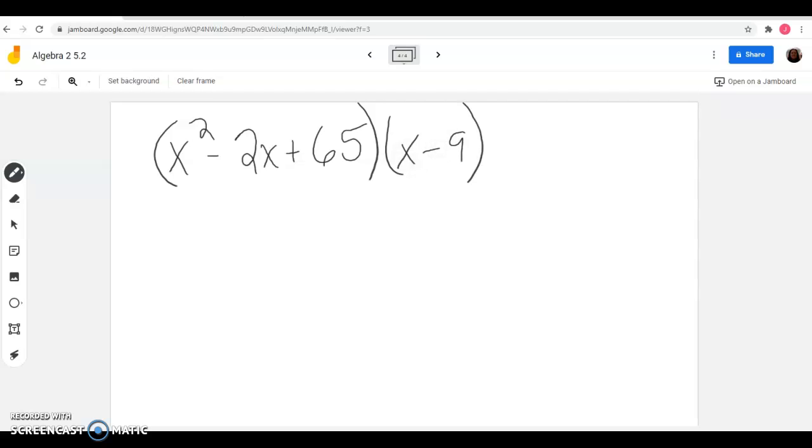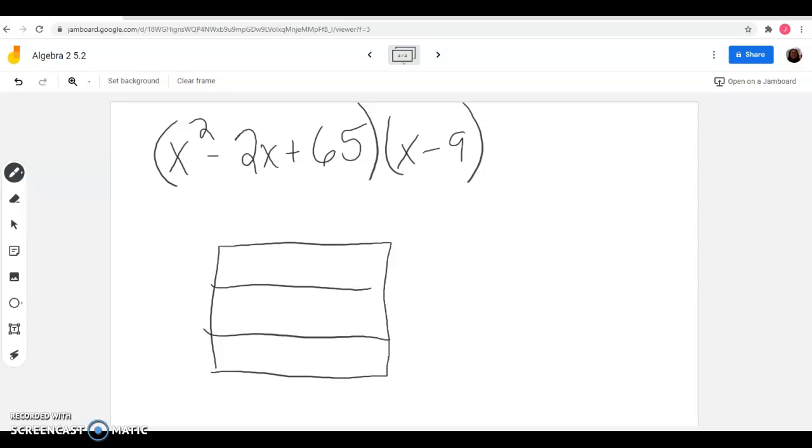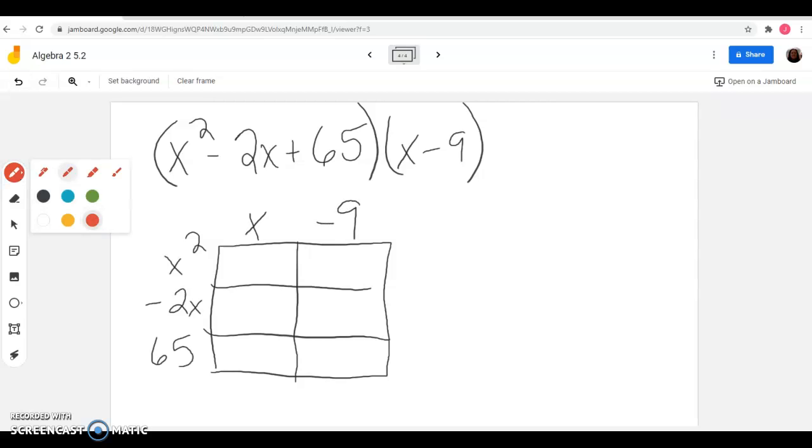And again, you can set it up in the box form. It's going to be a 3 by 2. So 3 rows by 2 columns, because I'm going to put x squared, negative 2x, positive 65 on the side, and then x, negative 9 on the top. And I'm going to multiply it through.